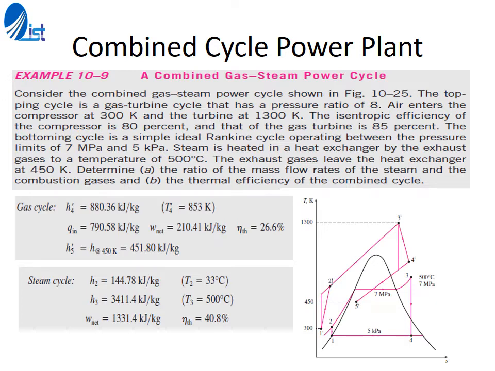So I hope that you are already clear about the individual gas cycle thermal efficiency and the steam cycle thermal efficiency. These do not need to be found again in this situation, but for your understanding you can calculate them step by step, the thermal efficiency of the gas cycle and of the steam cycle individually.